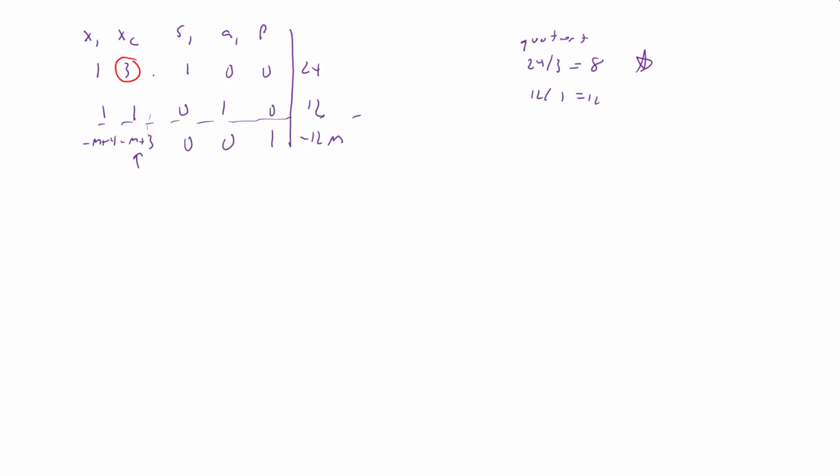And so that's going to be s1, that's going to be a1, that's going to be P. And so this is going to enter, and this one's going to exit. And so how do we do that? Let's say we take 1/3 row 1, and that's going to be our new row 1. And then we're going to take negative 1/3 row 1 plus row 2, and that's our new row 2.